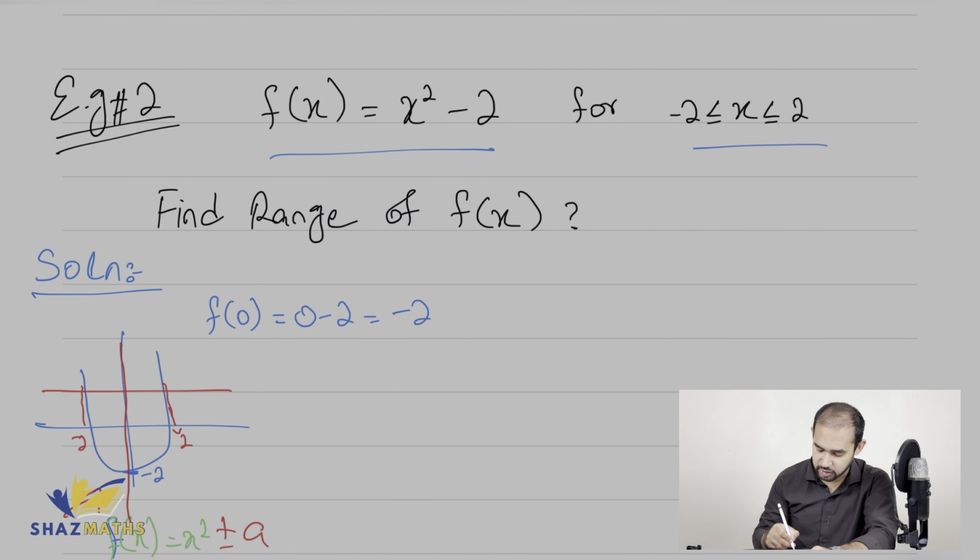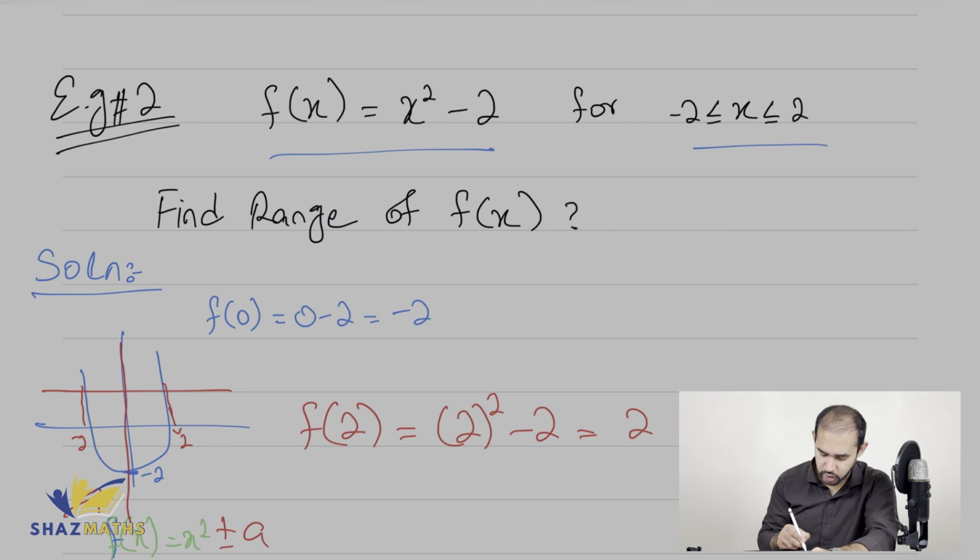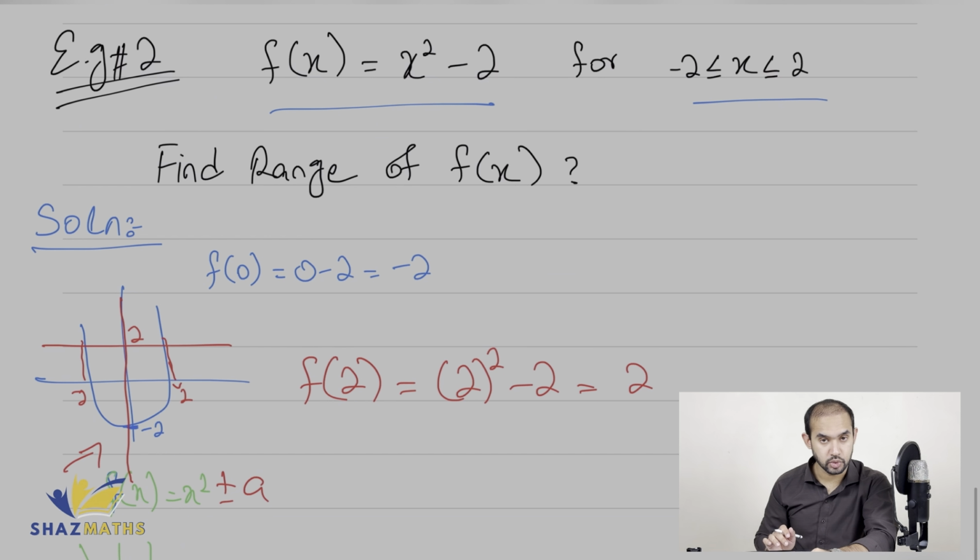I will substitute 2 or -2, it doesn't matter, and find the maximum possible value. It's going to be 2 square minus 2, and if I solve it, it is 4 minus 2, which is equivalent to 2. So the y value over here is 2. That means the maximum possible value of the function is 2.